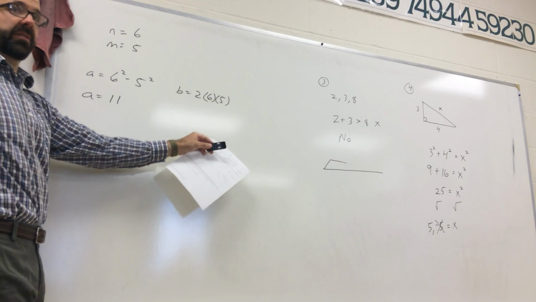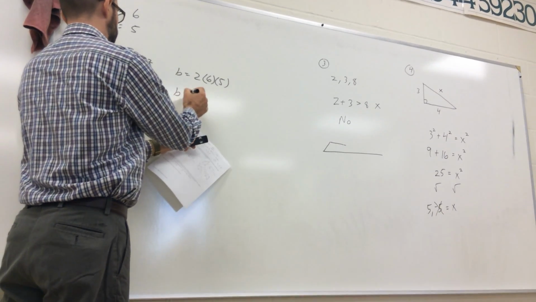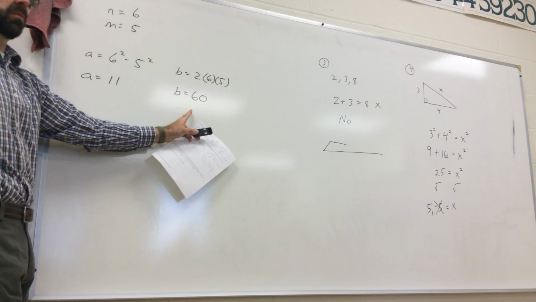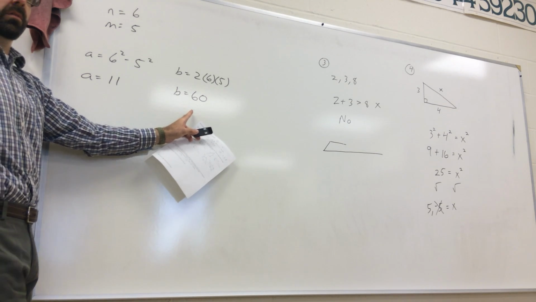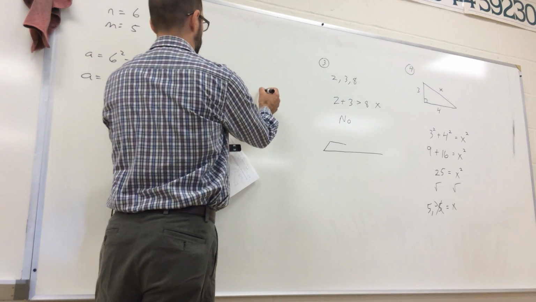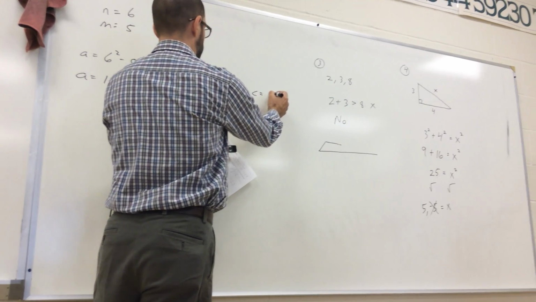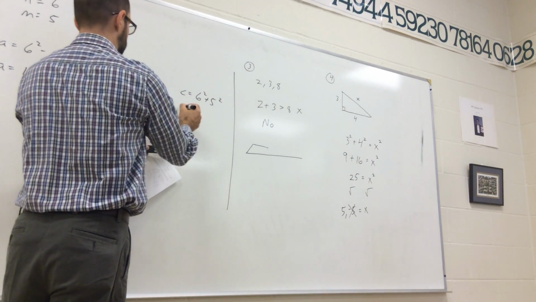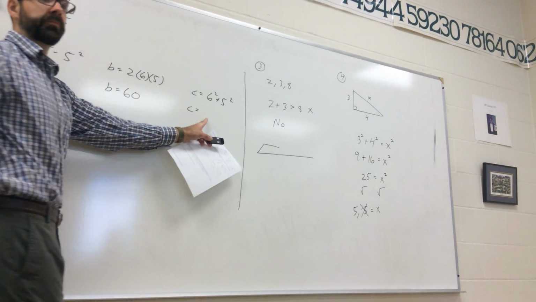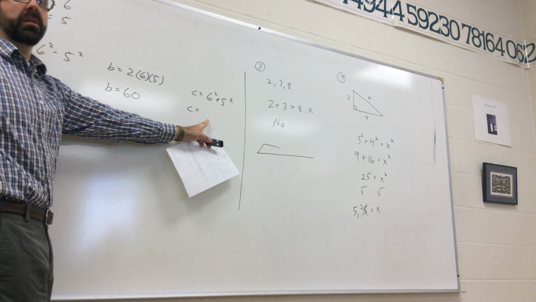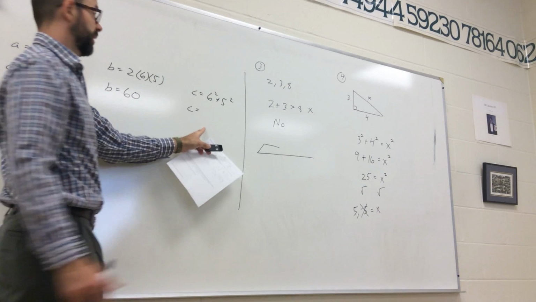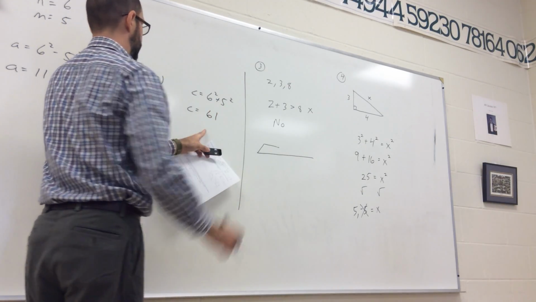Just multiply all that out, comes out to 60. And then for C, you take n squared plus m squared. And that's 36 plus 25, which is 61.